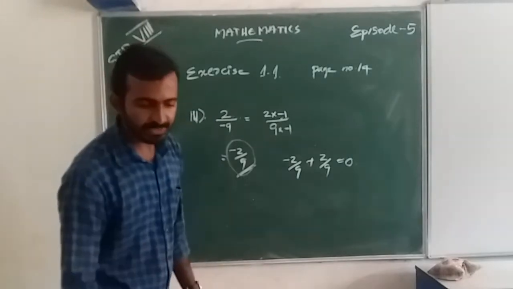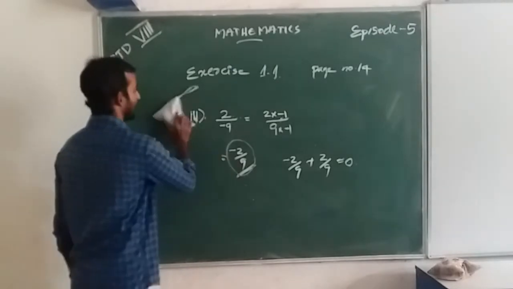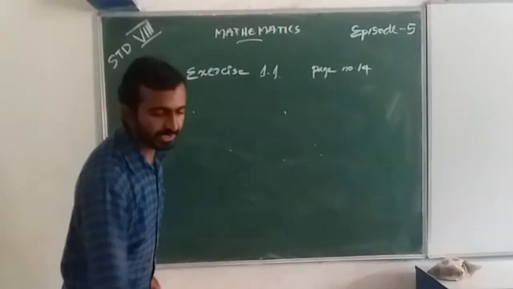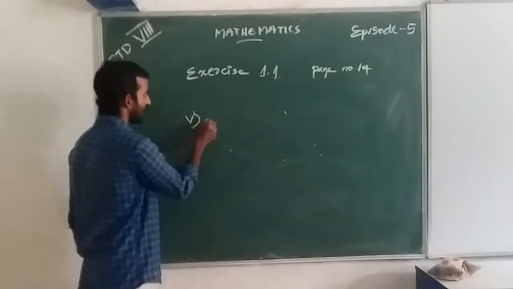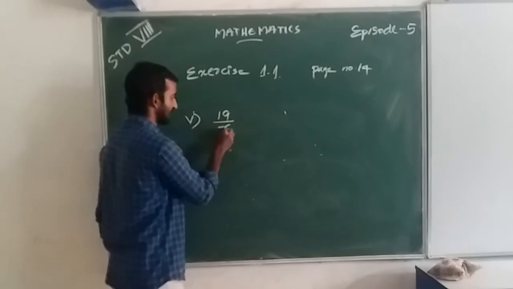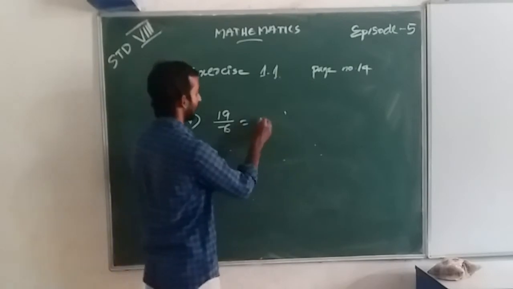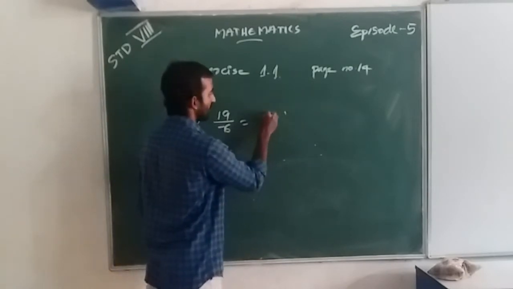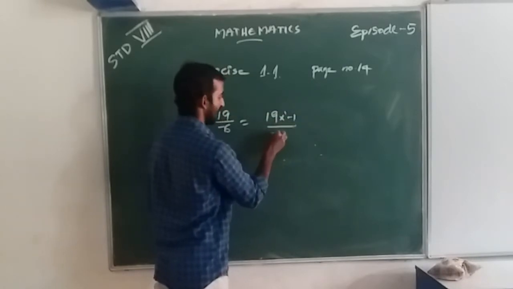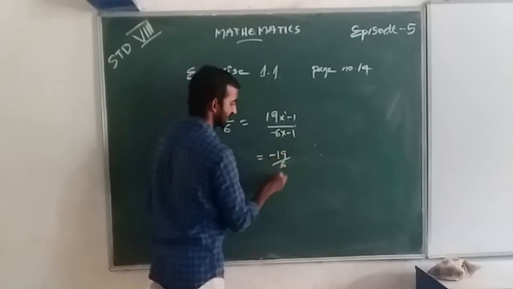The next question, the fifth one, is 19 by negative 6. As in the fourth, we can also do the steps. 19 into negative 1 by negative 6 into negative 1, we get negative 19 by 6.